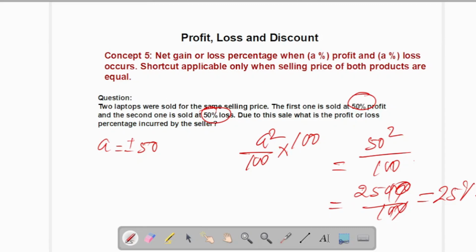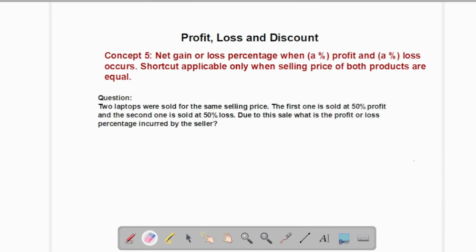Now if I want to solve this problem with the normal basic formula or rules of profit and loss, we assume that the selling price of each laptop is 150. Okay.